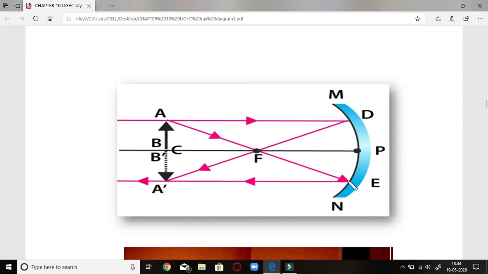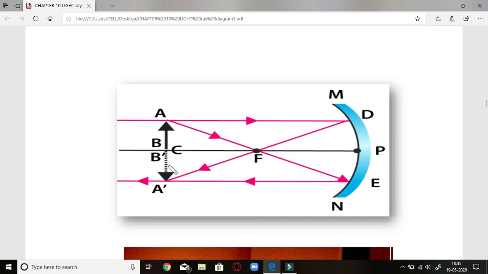This is passing through the focus, striking the concave mirror and then going parallel to the principal axis after striking it. Now you can see that the rays from the first reflection and the second reflection cut at this point. That is why our image will be formed here. A dash B dash is our image, which is inverted, real, and one very important thing, they are of the same size.